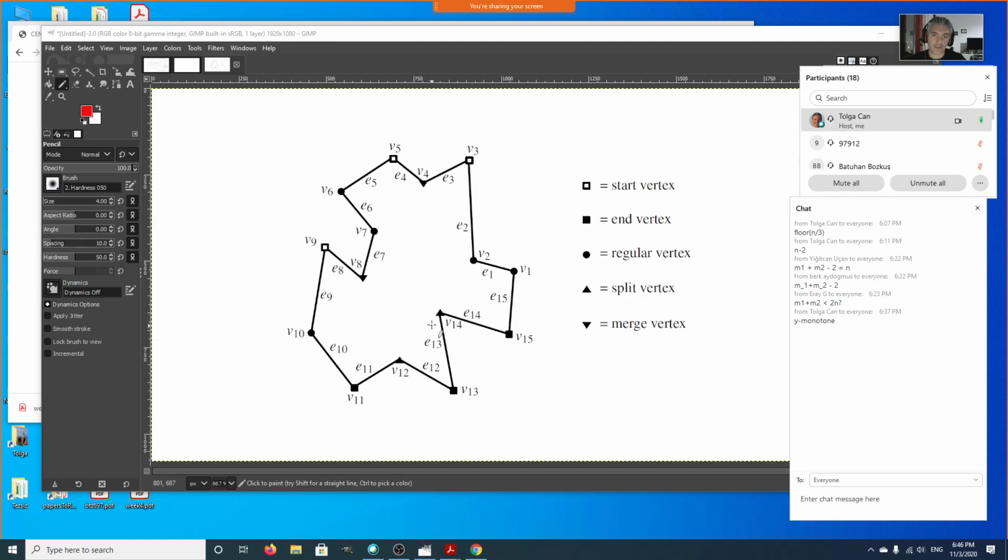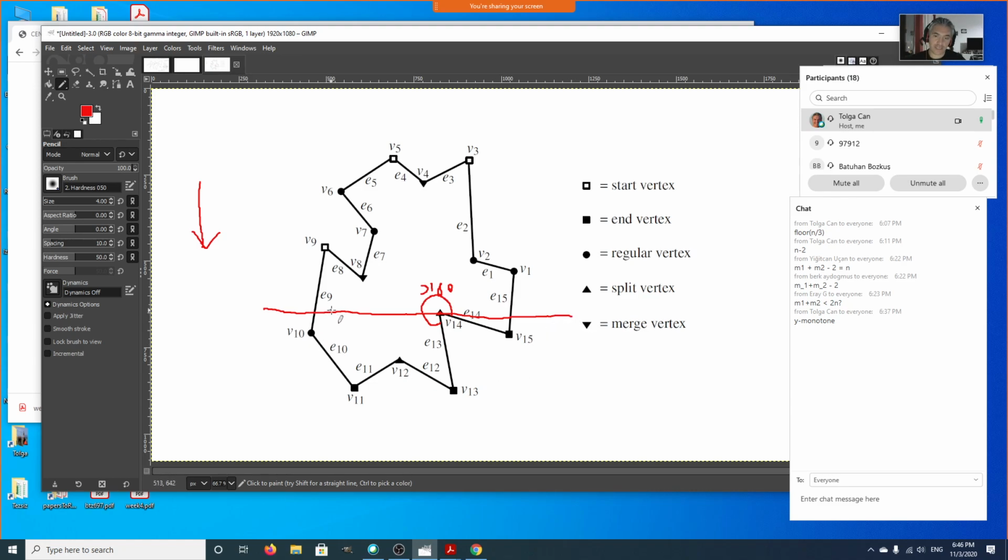All right, now if you look at this V14, the angle that it makes with the interior is greater than 180 degrees. Therefore V14 is called a split vertex. Why is it called a split vertex? Because imagine a sweep line that is going down, and imagine this V14 as the event point.